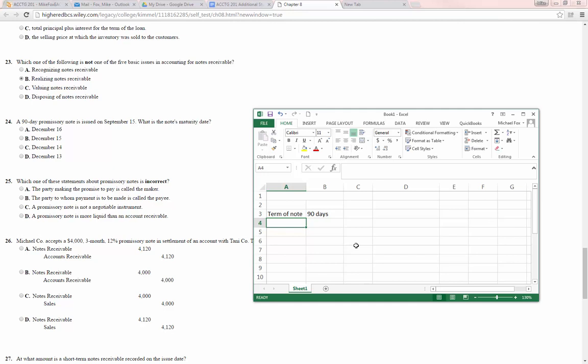So if it was issued September 15th, we're going to say September 16th through September 30th. That's going to be 15 days.